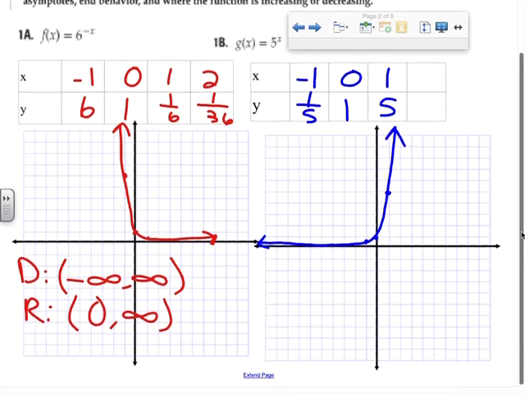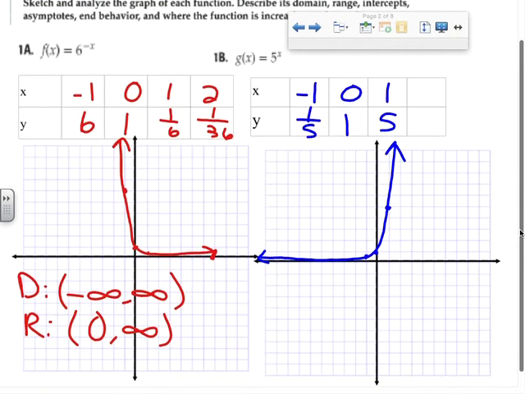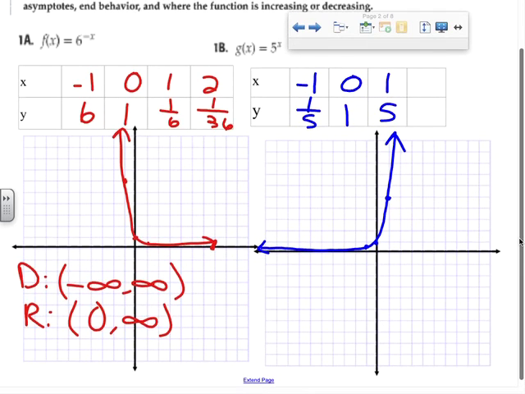What else is it asking? It wants to know intercepts. So I've already mentioned that it never crosses the x-axis, so I know I don't have an x-intercept. I also mentioned earlier that the y-intercept for this function is a very common y-intercept.